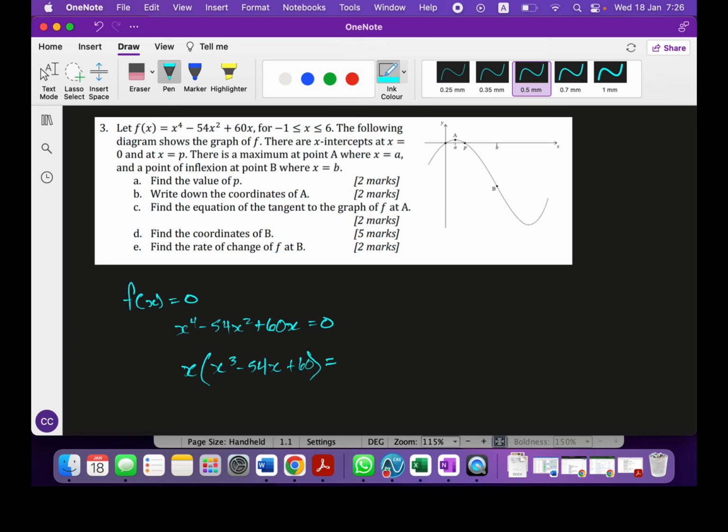Now, that's a cubic function. I really don't want to deal with that cubic. I have an idea what this is going to turn out to be, but rather than doing this analytically, let's use our calculator.